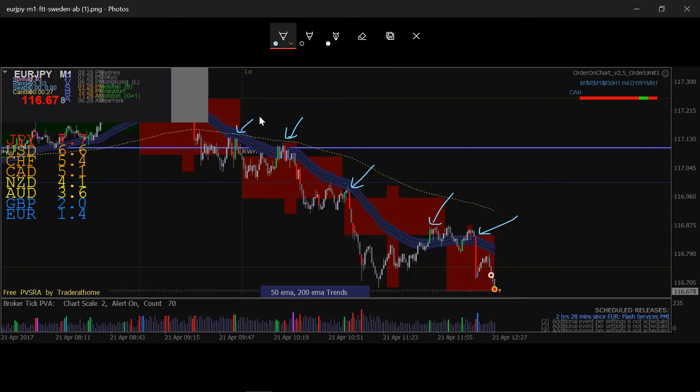So you have a series of lower tops, and this serves as confirmation that the overall trend is a bearish trend.